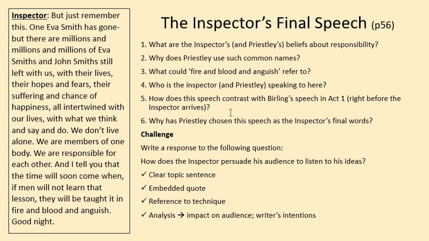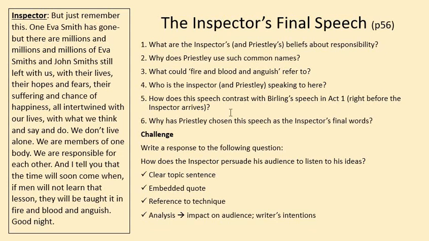Question 5. How does this speech contrast with Birling's speech in Act 1 right before the Inspector arrives? So in this speech by the Inspector, he's talking about how we are all responsible for one another, we need to be less selfish, we're members of one body. And if you cast your mind back to the beginning, before the Inspector even arrives, I think it's probably page 10, Birling's talking about community and all that nonsense.